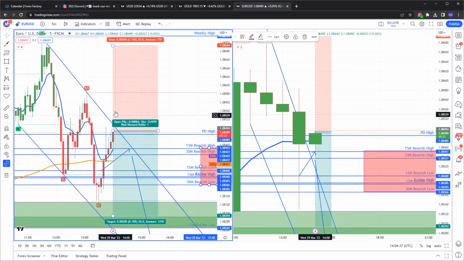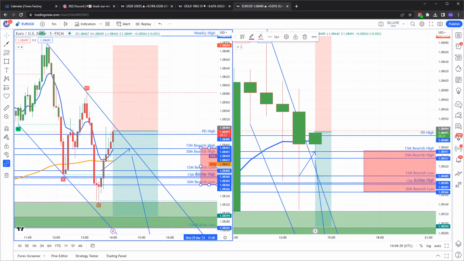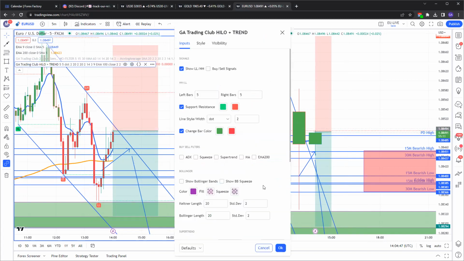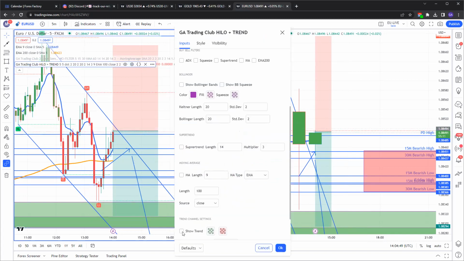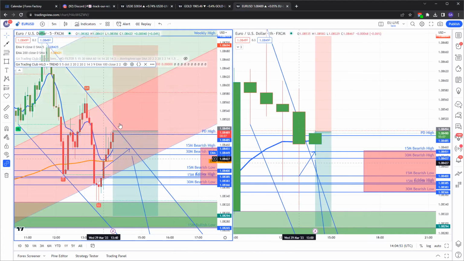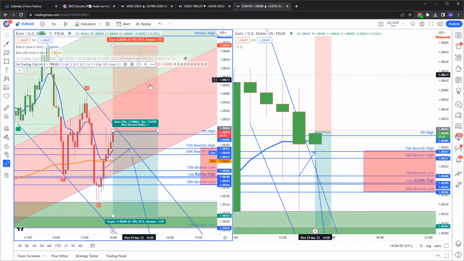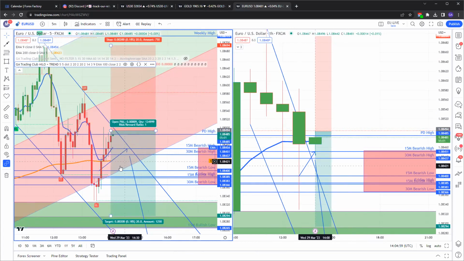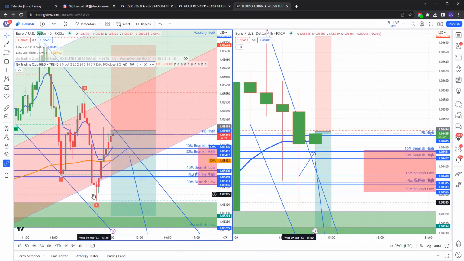Because I do see this trend line getting tested. I'll come back here. All right, so we are in a sell trend for EU based on that little feature in our indicator. So this is what I want to see when I'm in a sell.